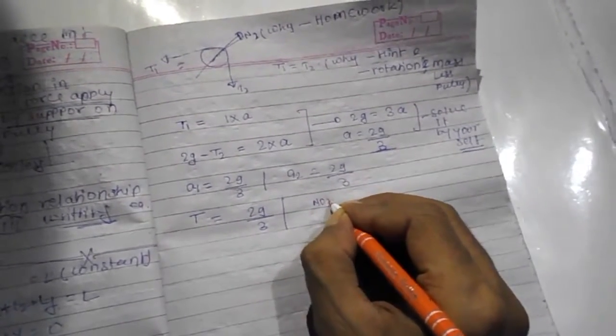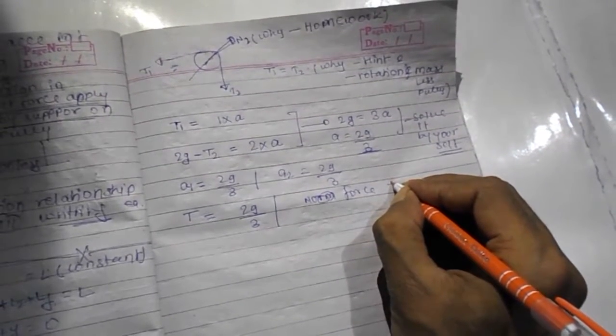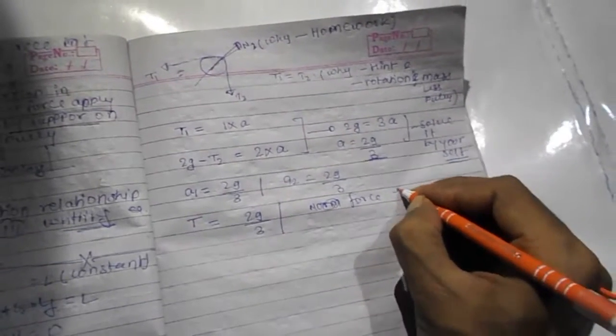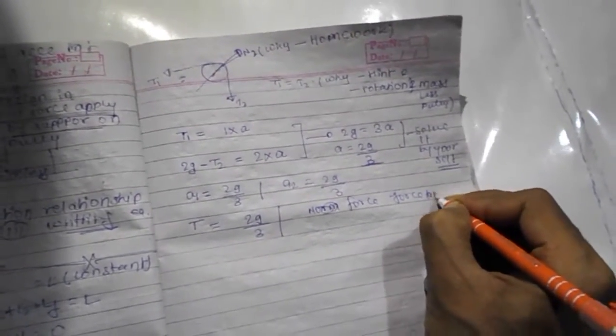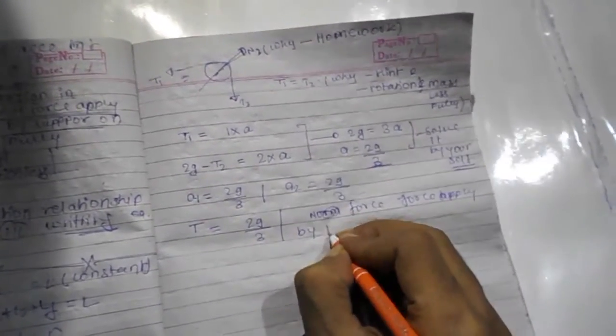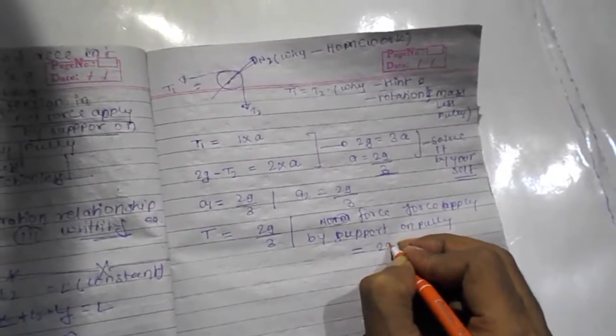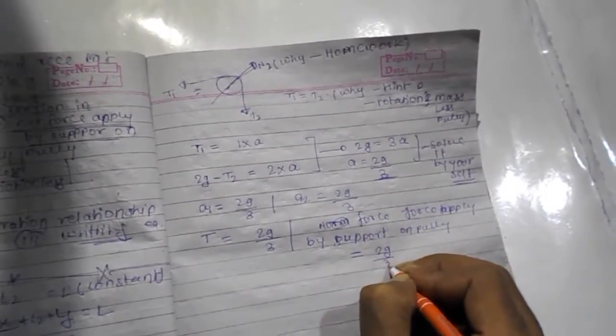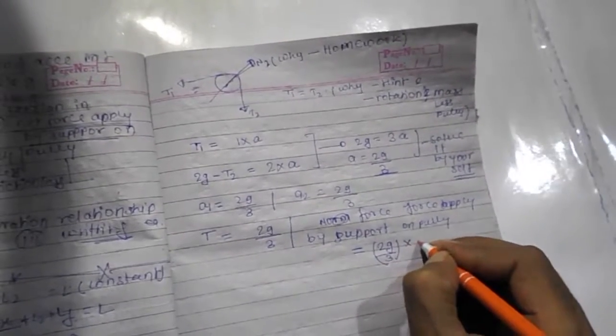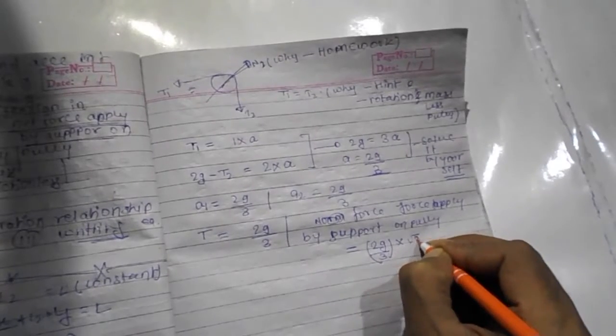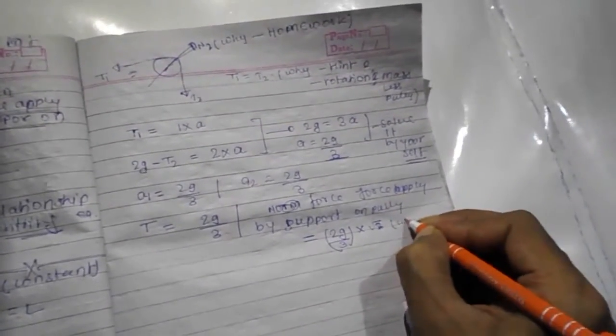And the normal reaction, the net force applied by the support on the pulley, should be equal to 2g by 3 into root 2. Why?